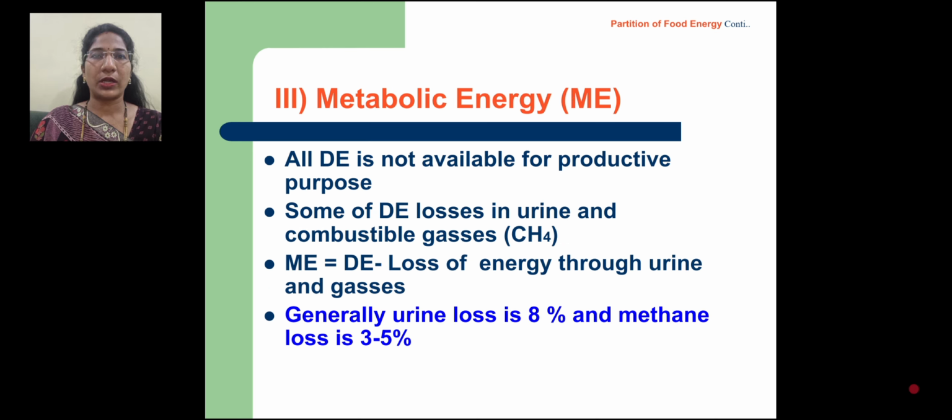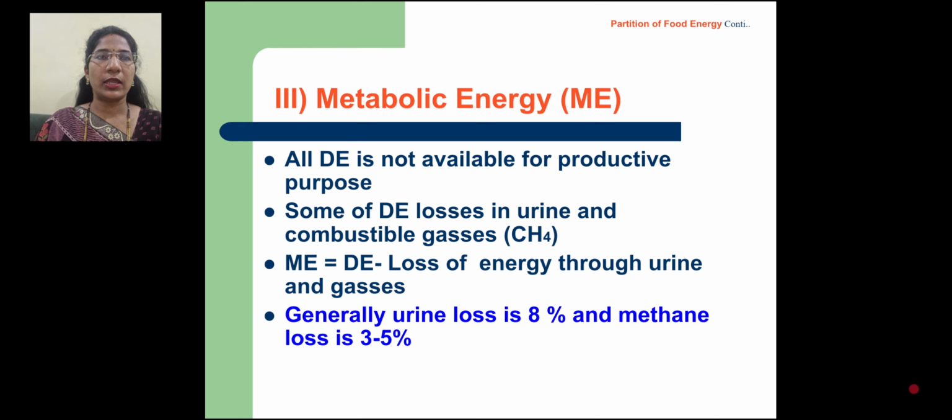Then the third one is metabolic energy. All digestible energy is not available for productive purposes. Out of that, some digestible energy is lost in urine and combustible gases produced by the body, like methane.